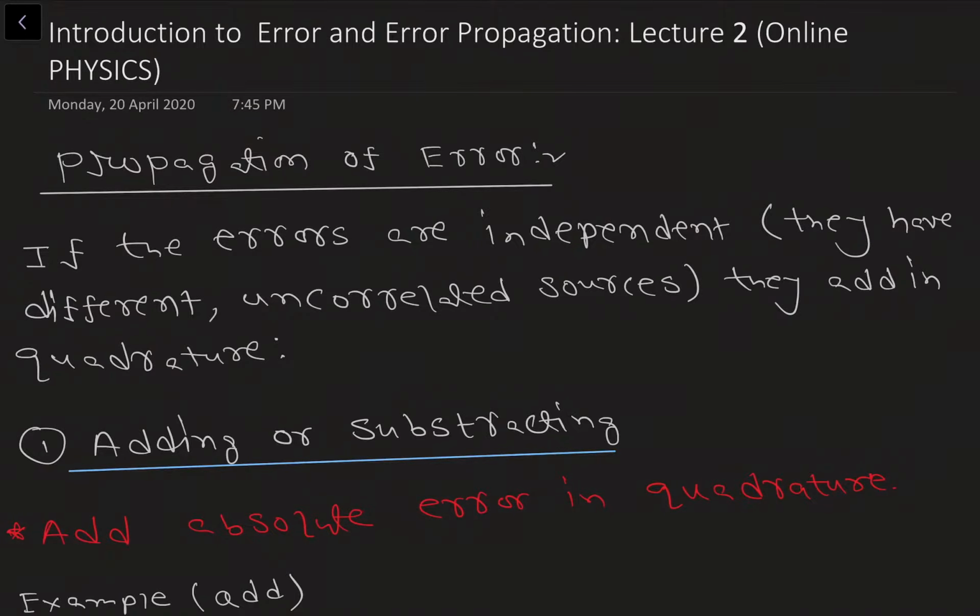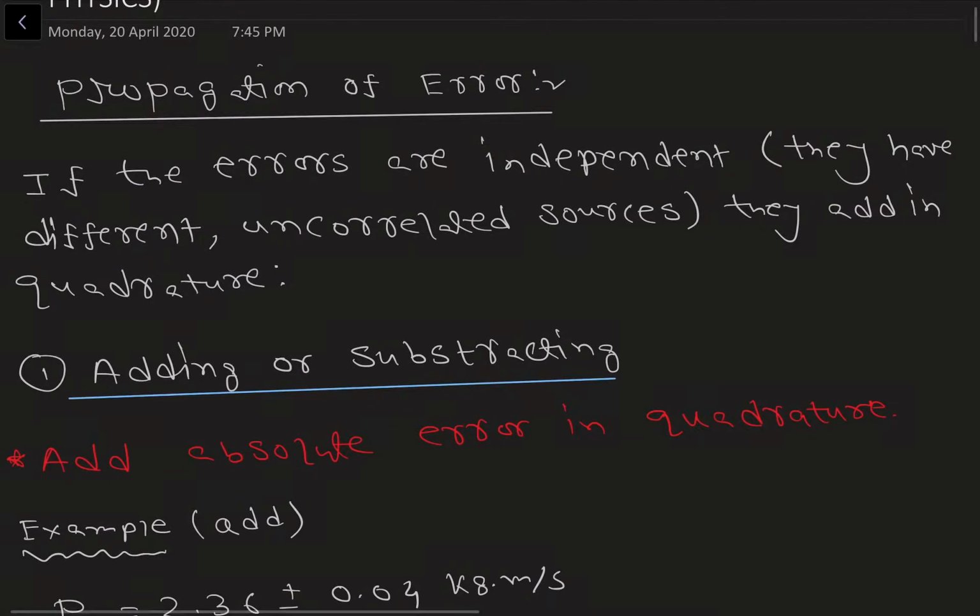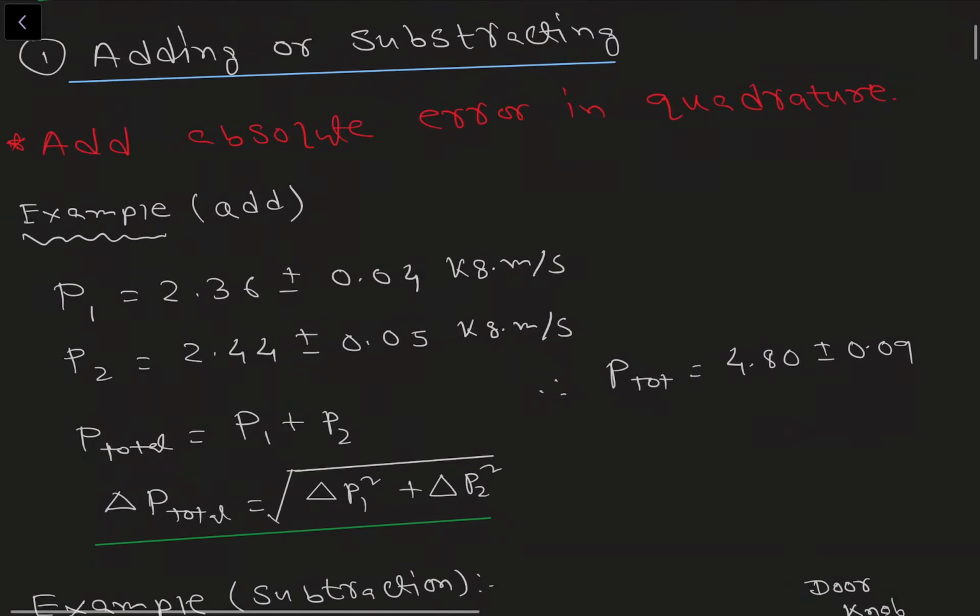When you are going to calculate momentum, you measure mass and you measure velocity, and you have to consider that these two measurements have independent errors. So in case of independent errors, errors add in quadrature. You have to add the errors in quadrature form.